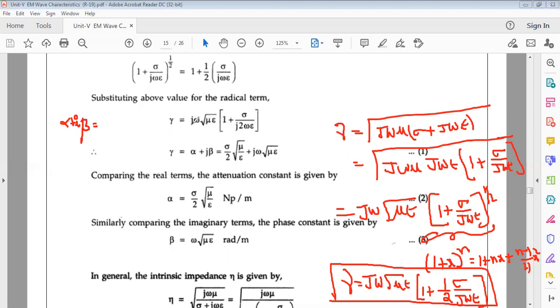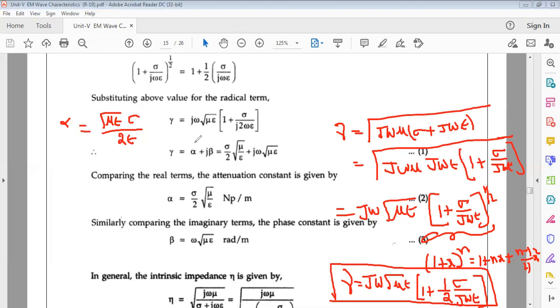Multiply the term here, j omega with this function and j omega with this function, j gets cancelled. We'll get alpha is equal to under root of mu epsilon, sigma in the numerator, and in the denominator we have 2 epsilon. This is for alpha only.